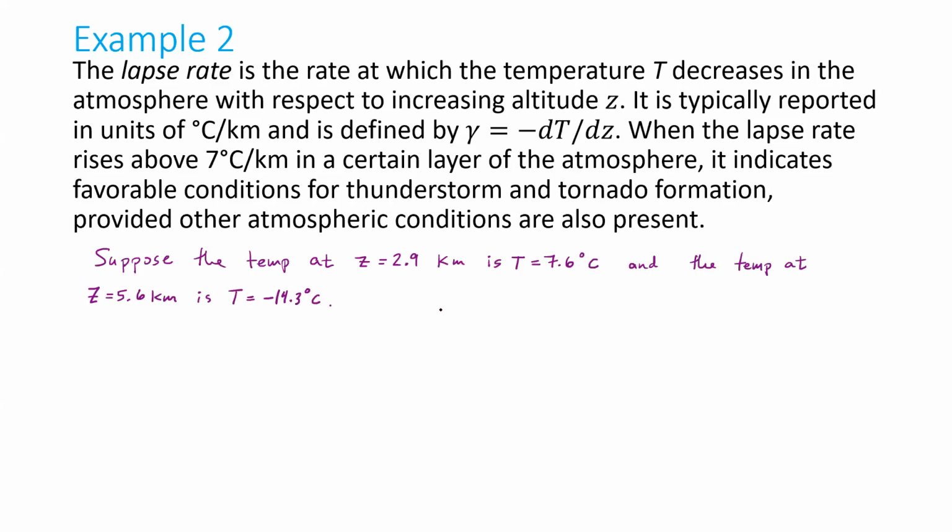Okay. So now let's also assume that the temperature function is continuous and differentiable at all these altitudes so that we can use the mean value theorem. So we'll assume the temperature as a function of altitude is continuous and differentiable.